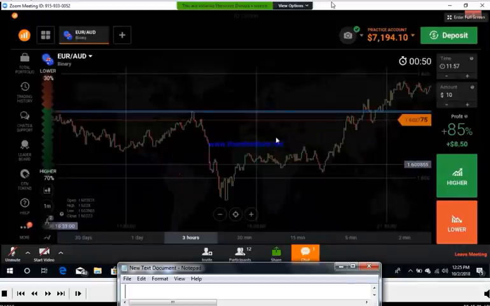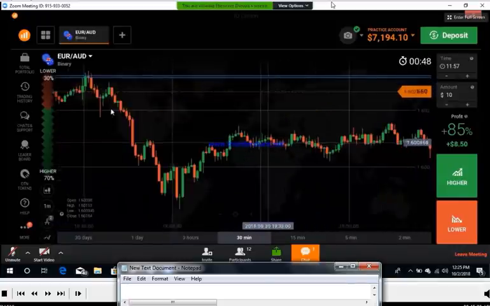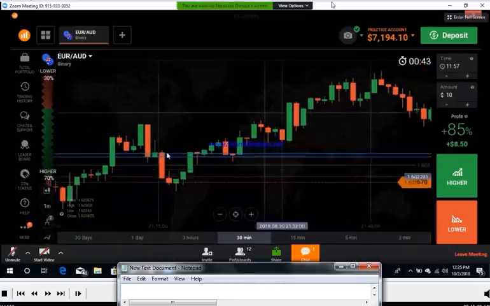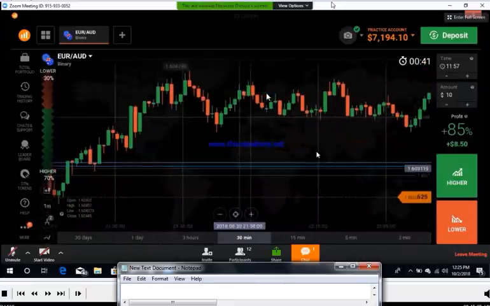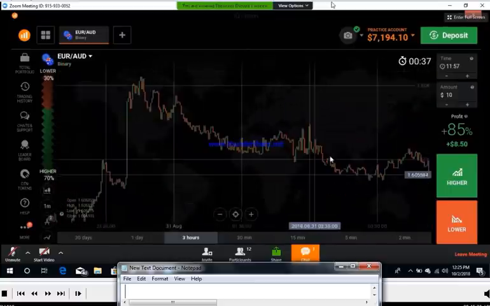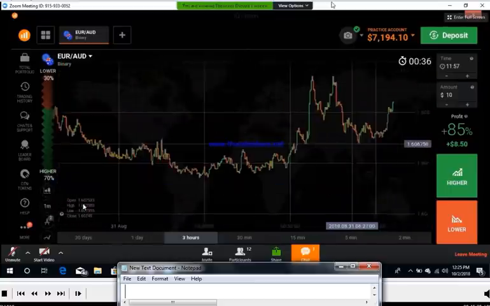No problem, it is working. You can see when the market comes to this level, it is reversing, right? So you can take this as a strong level.